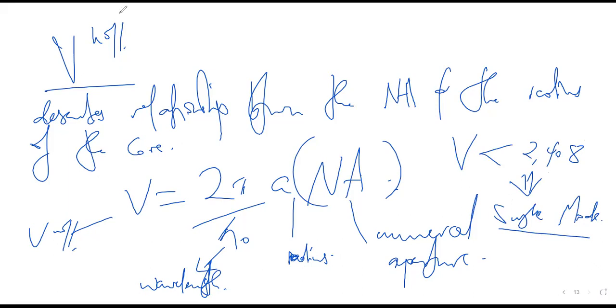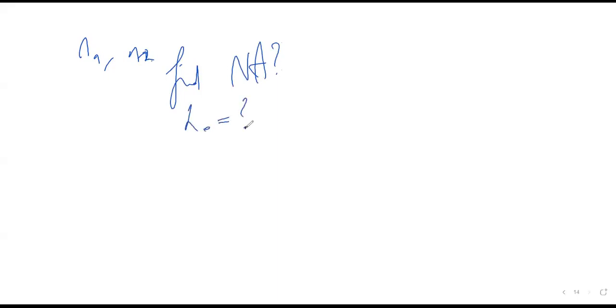So the typical questions you'll be getting relating to the V number: you're given N1, N2, find the numerical aperture of that optical fiber. It's operating at a given wavelength, its radius is given, find the V number.